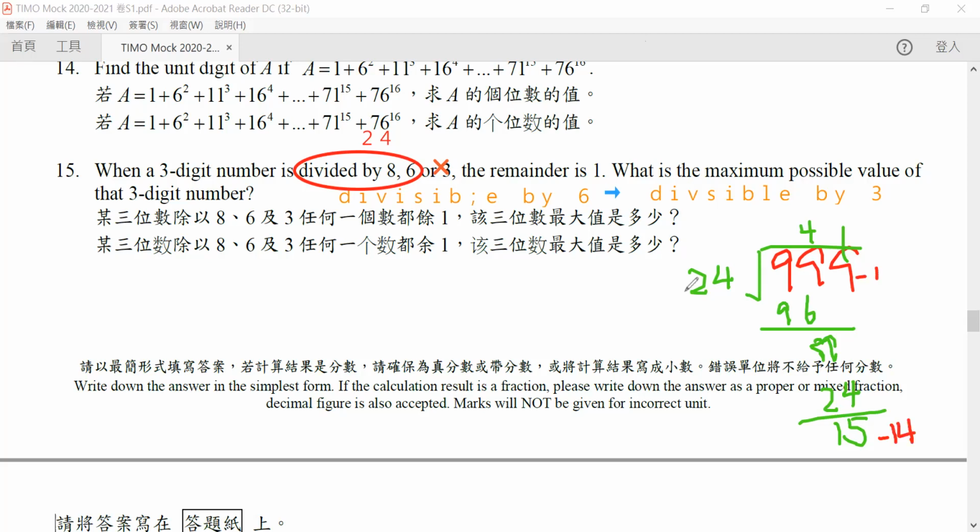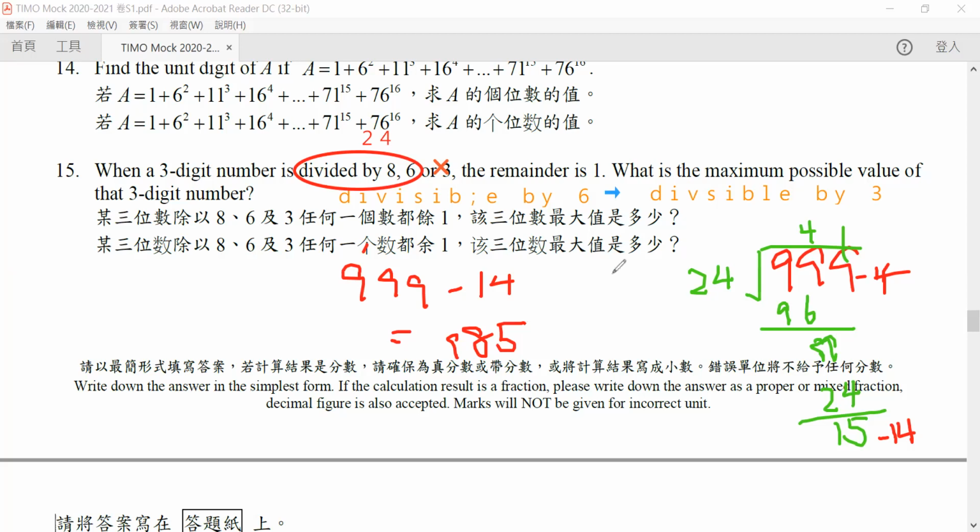So we know that this number must be equal to 999 minus 14, which is equal to 985. So this is the biggest number that we can get, such that when divided by 8, 6, and 3, the remainder would equal 1.